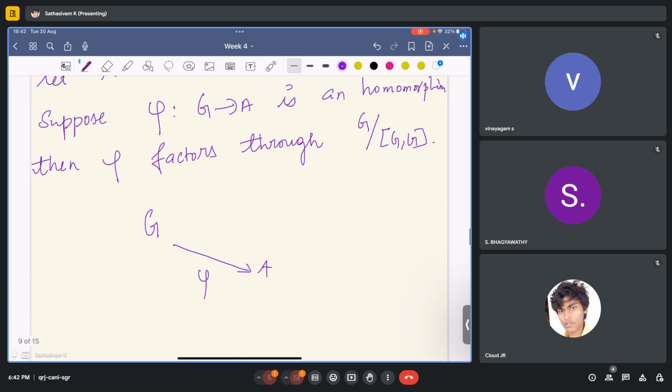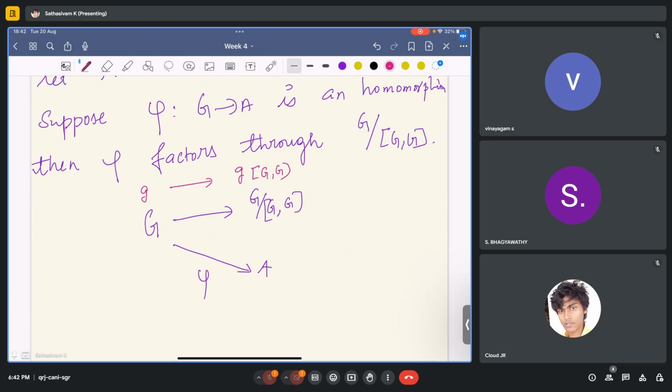Okay. So there is always a natural projection from G to its abelianization, G mod the commutator. You take g and map it to its coset. So this map you always have.